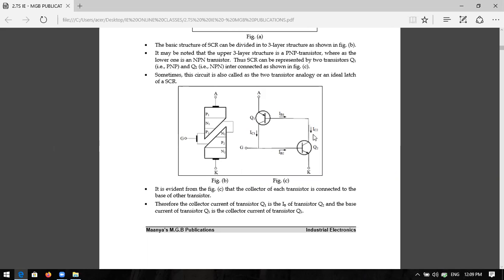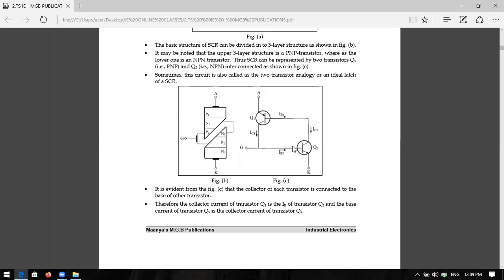The amplified signal is collected at the collector and given to the base of the first transistor. Again the transistor amplifies the energy and gives it to its collector, and it is given to the base of the second transistor, like this. So your energy is circulating here and is amplified more and more. And whenever the base or gate terminal is off, that means you are not giving any energy, what will happen?